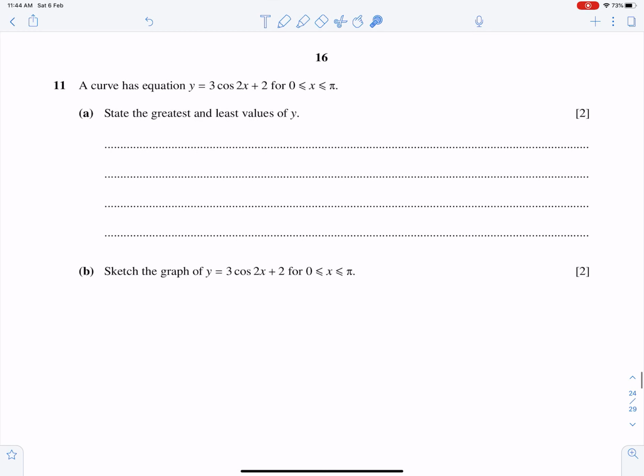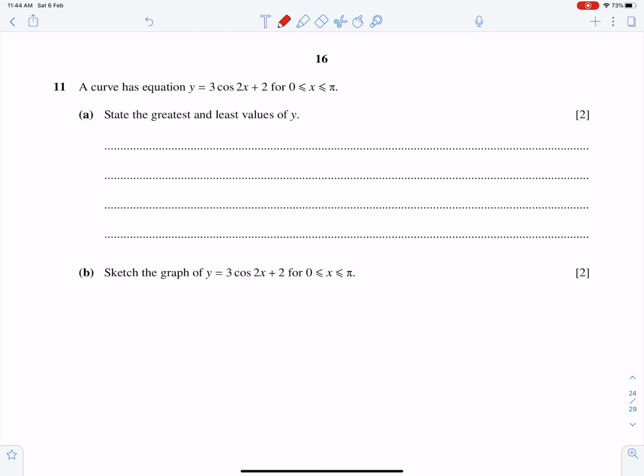So c is 2, a is 3, therefore c plus a will be 5, and c minus a will be, I think, -1. So this is the greatest value, and this is the least value.